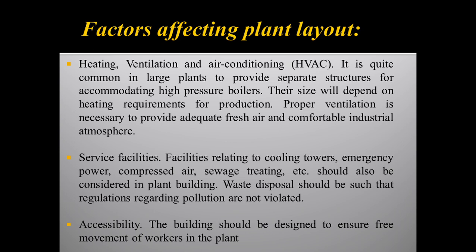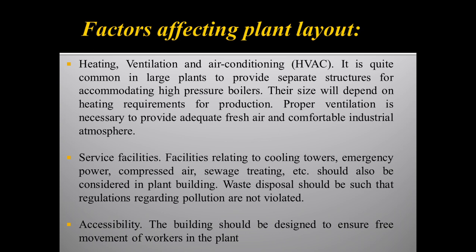Air conditioning is particularly common in factory and other offices. Increasing cost of energy has led to new trends in heating, lighting and air conditioning. The Factories Act requirements should be met also.